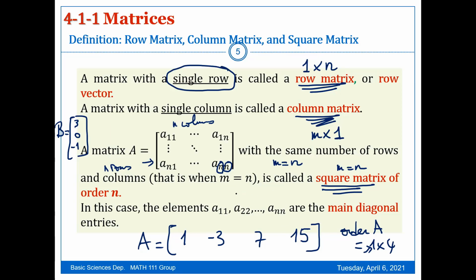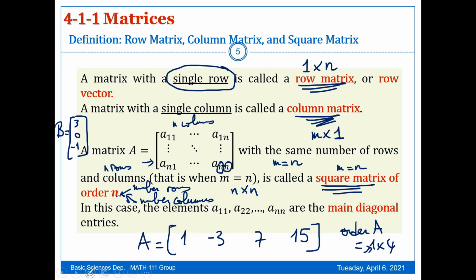In this case, there is no need to write the order n by n. Since it's the same, it's enough to say it is of order n, because n gives you at the same time the number of rows and the number of columns.